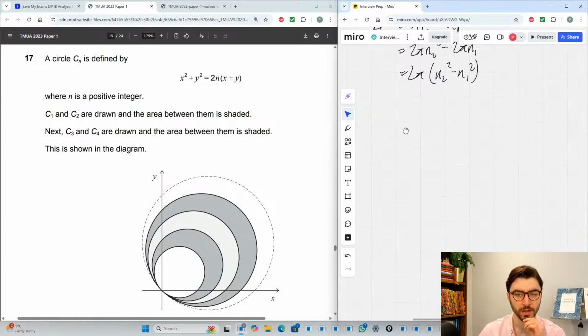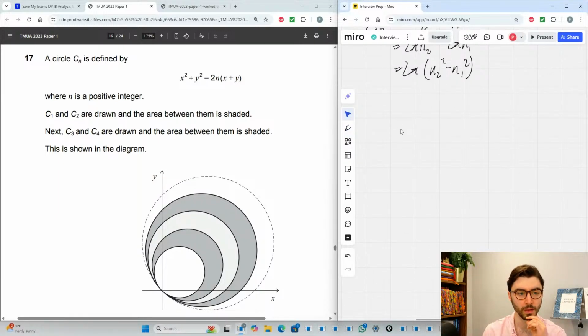And then we're going to do it, so it's going to be 2 pi. The first one's going to be 2 pi into 4 minus 1. And then it's going to be 16 minus 9.